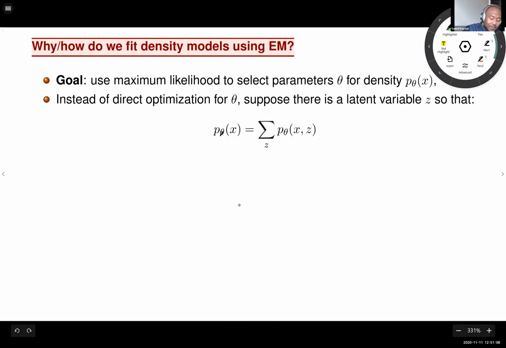In this case, we're going to apply our favorite trick. Our favorite trick is maximum likelihood, which is max over theta, P theta of X, of the observed data.